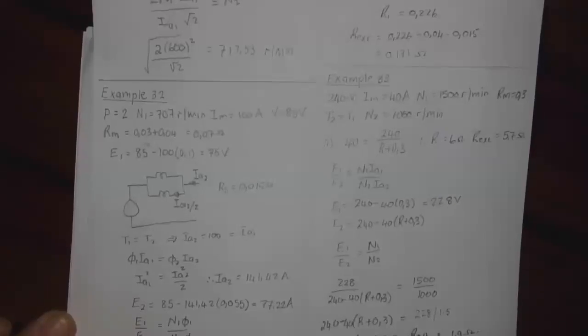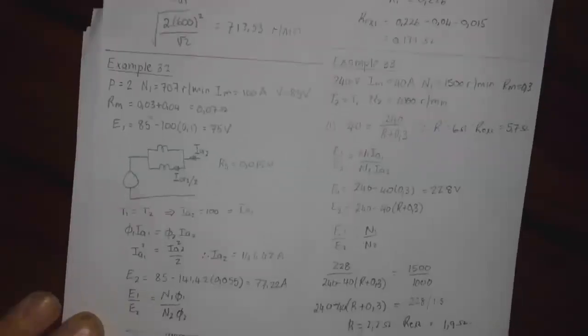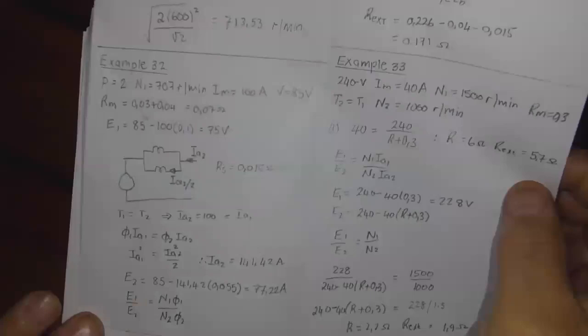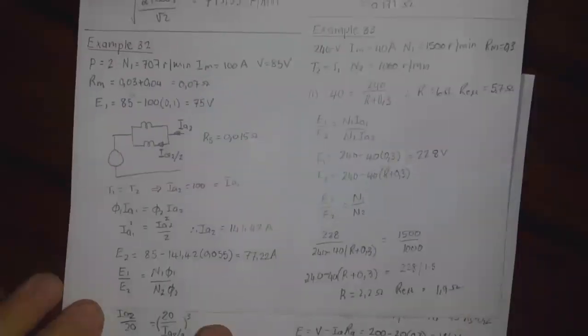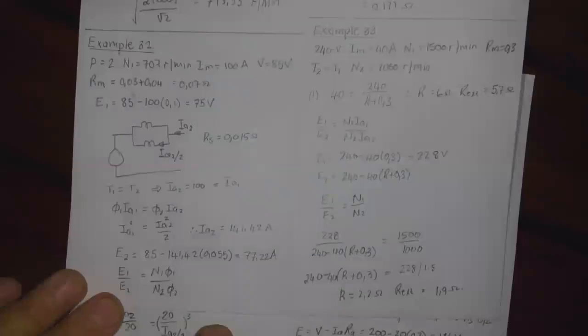Now they say, all right, we've got the two field coils in parallel. Torque remains the same, so IA2 is also 100 amps. And then flux 1, IA1 is flux 2, IA2. And therefore IA1 squared is equal to IA2 squared divided by 2.